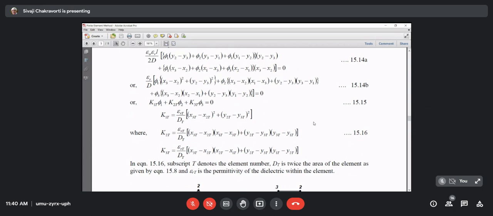So finally, if you remember, look at this equation 15.14b. It is a linear equation. It involves only electric potential. That means it is a scalar variable. So it is the same as the finite difference method, where we develop linear equations with scalar variables.